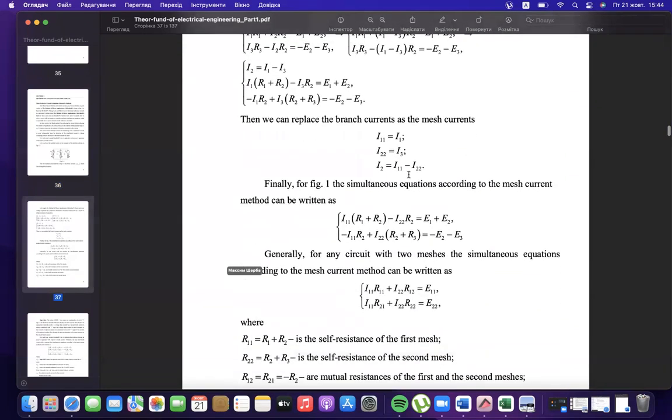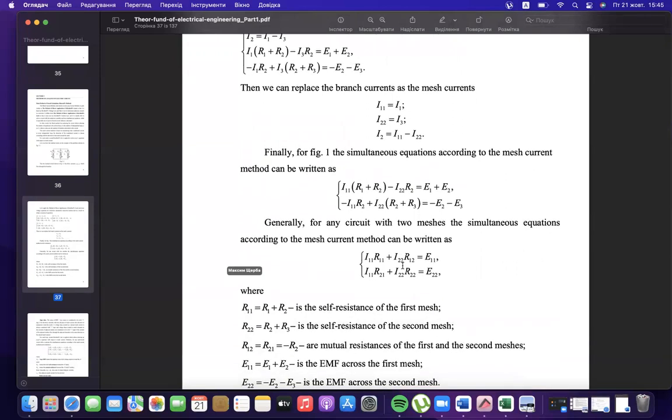The idea is to substitute the real unknown variables with imaginary unknown variables, the mesh currents. It will decrease the number of equations and make it possible to solve the system more easily.